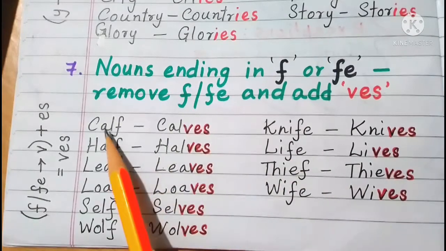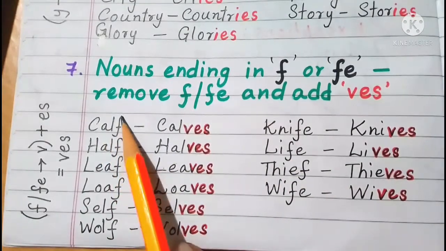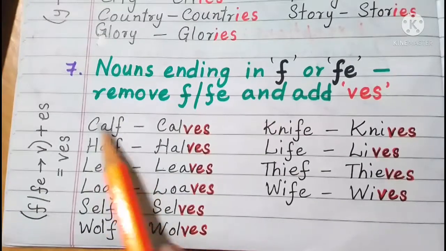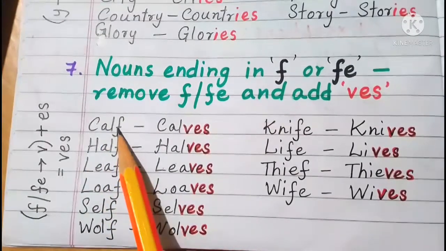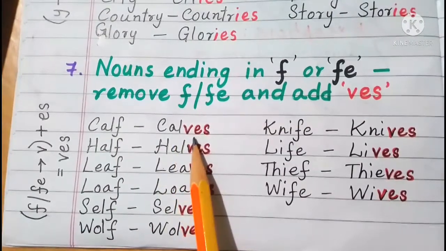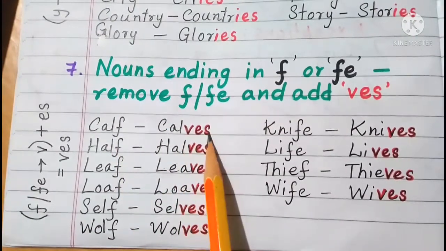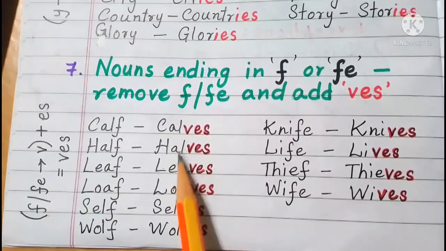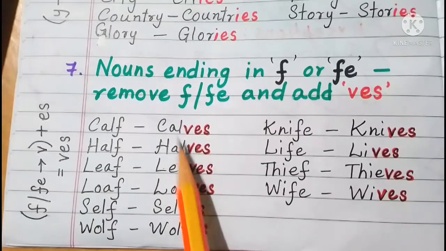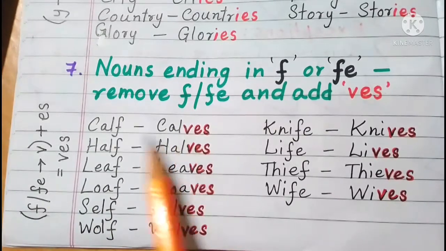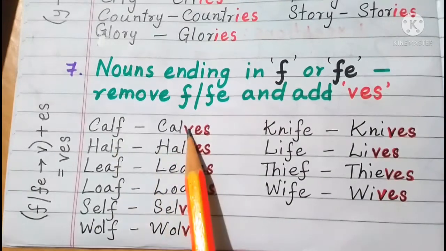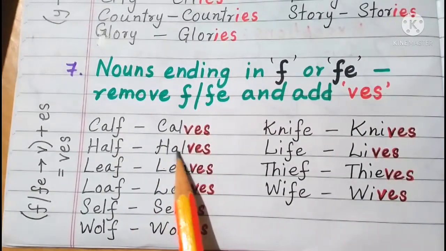You can see calf has an f which ends the noun. So calf is converted to calves. You remove the f and add ves. Half, halves. Remember that the l is silent here. So calf becomes calves, half becomes halves.